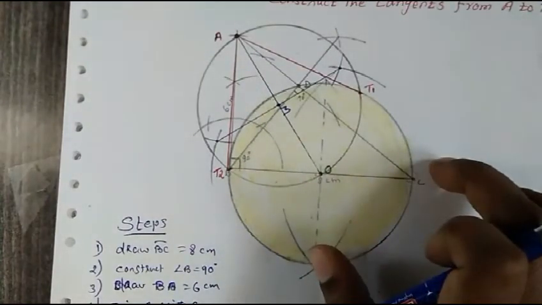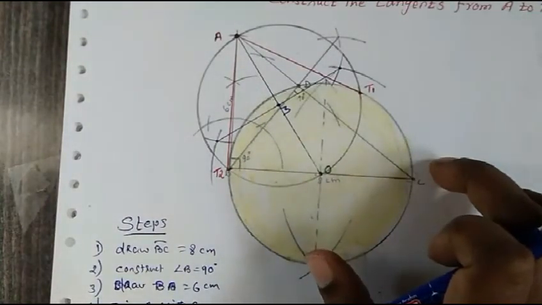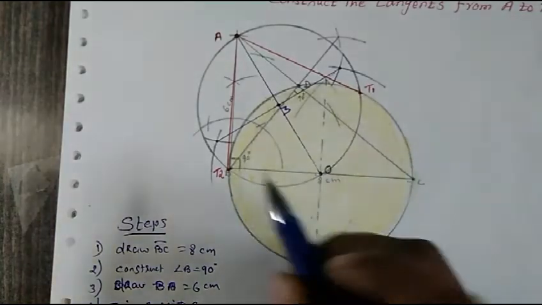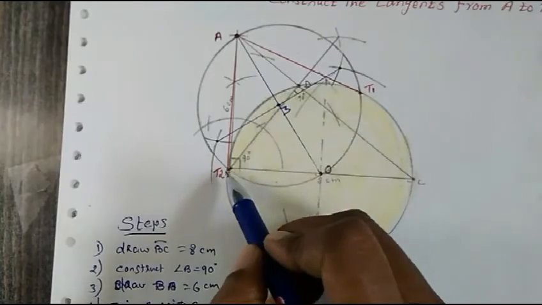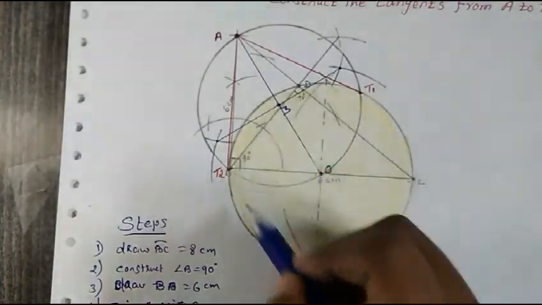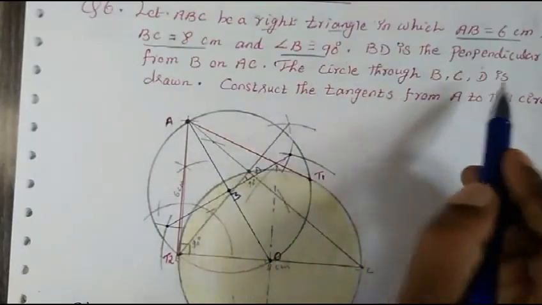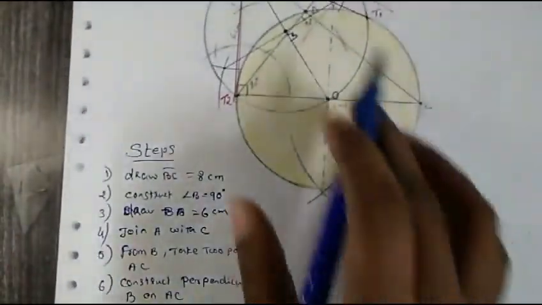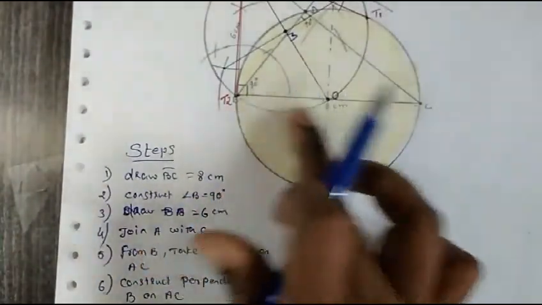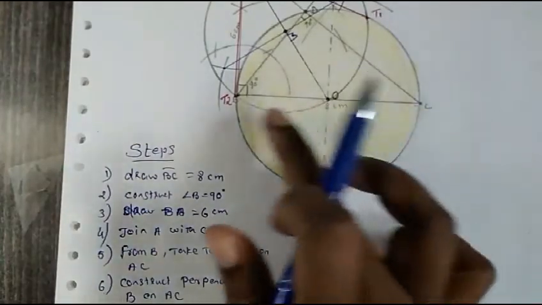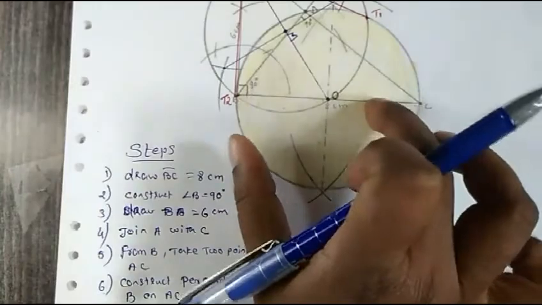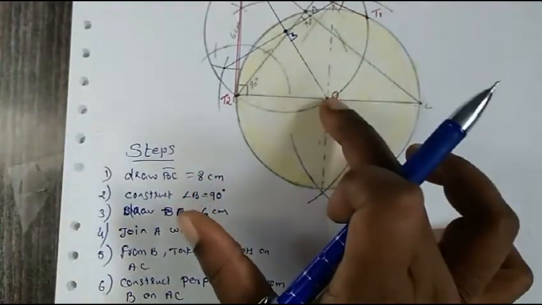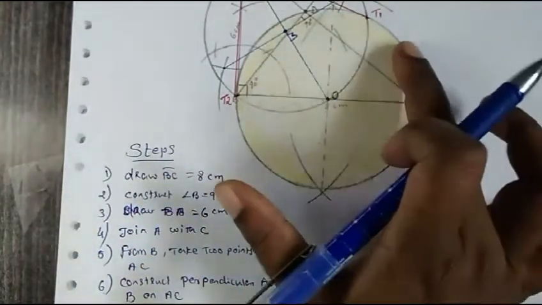Afterwards, we drew the circle through B, C, D. So how have we drawn it? We took more than half of BC, drew the perpendicular, found the center O, and afterwards we drew the circle.